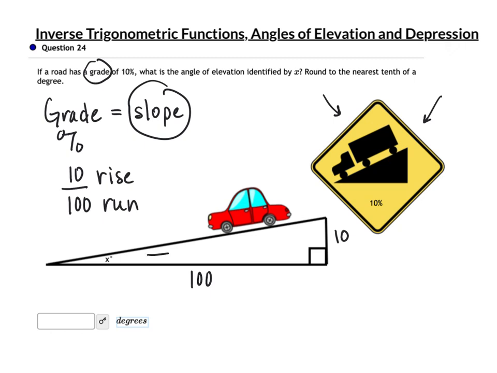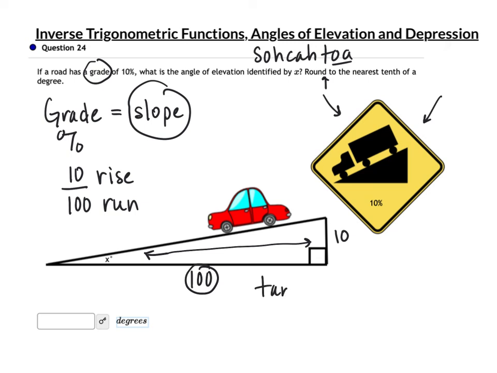What we want is the angle formed when the grade is 10%. Notice that 10 is the opposite and 100 is the adjacent. And in SOHCAHTOA, opposite over adjacent is tangent. We're looking for an angle.